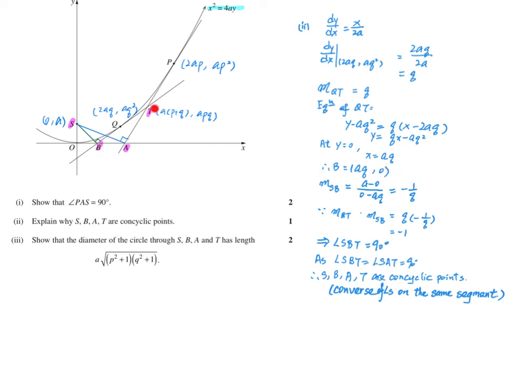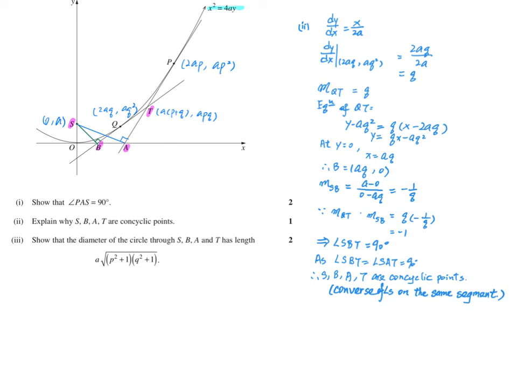Now we want to check if SBT is a right angle. We know the gradient of QT equals q. Now we have to check the gradient of SB. For the gradient of SB, we have the coordinates of S and the coordinates of B. So the gradient of SB is minus 1 over q.